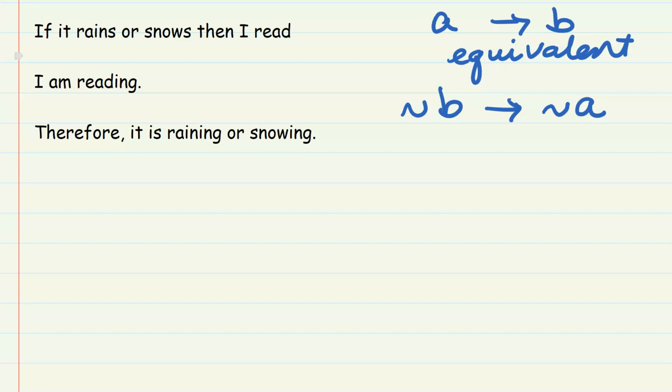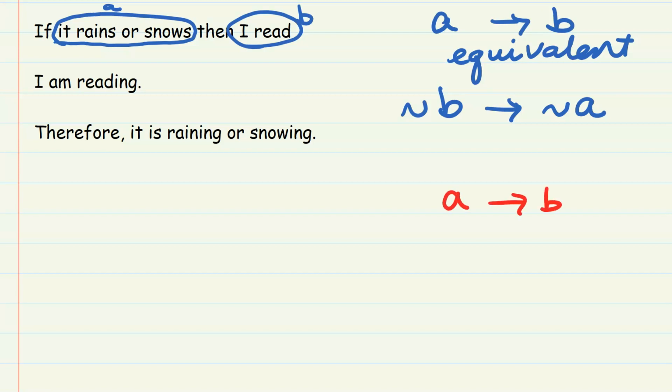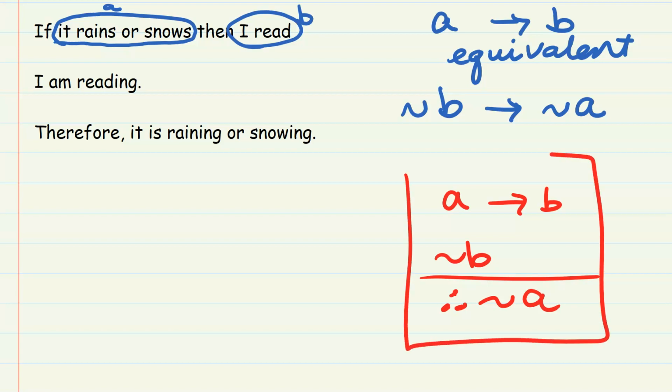Well, if this is my A and this is my B, then in order to make this argument a valid argument using the contrapositive, I would say not B, right? So the argument would have to be of this structure: A implies B, not B, therefore not A. So that has to be this structure right here, and it's using the contrapositive.